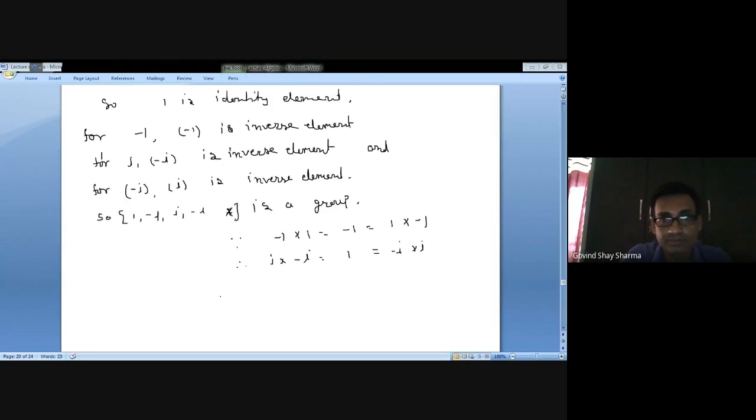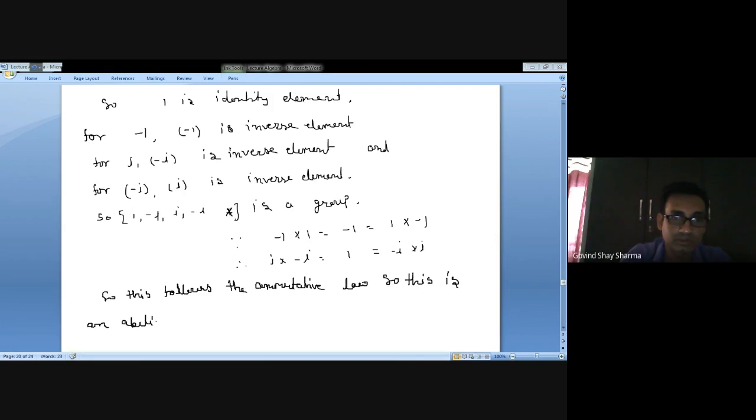So this follows the commutative law. So this is abelian.